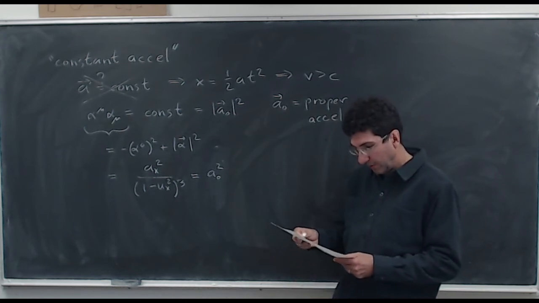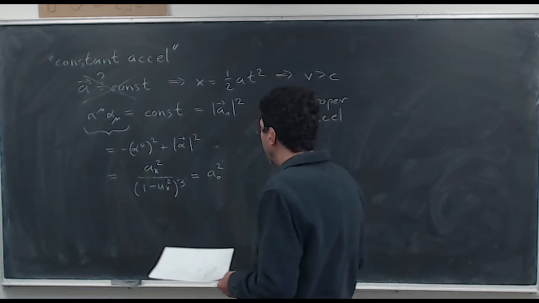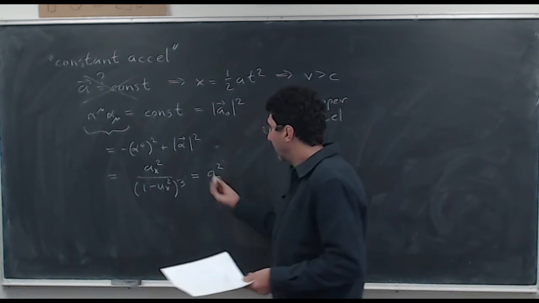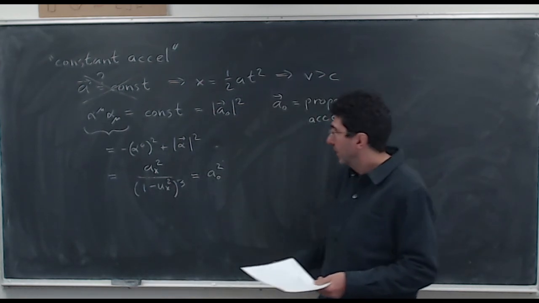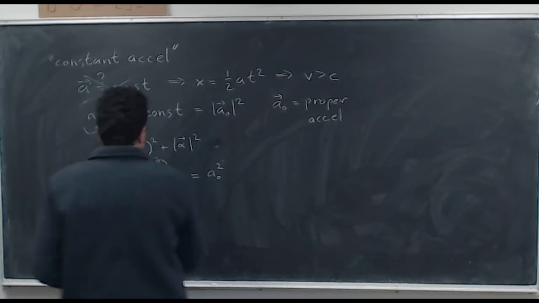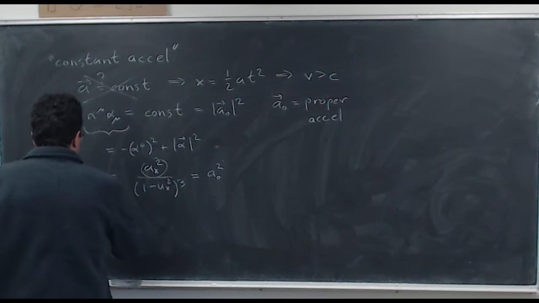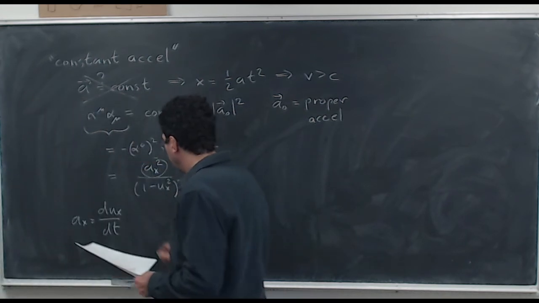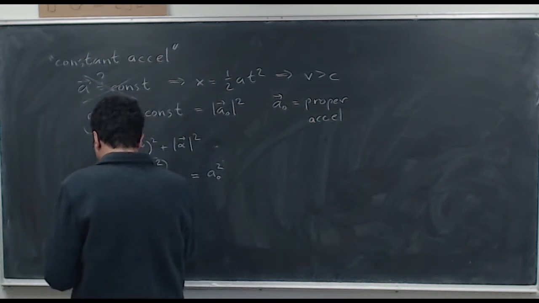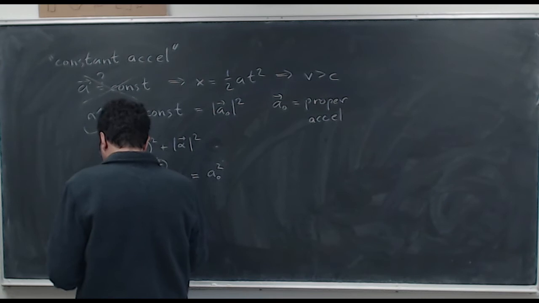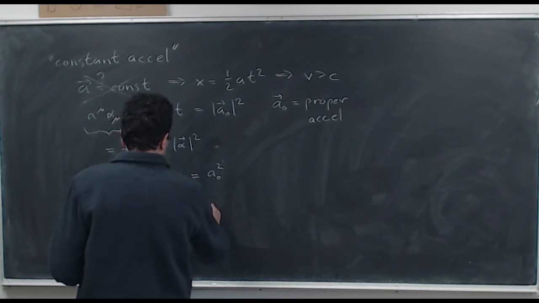To find out what the motion of this particle is, we can just solve for the ordinary acceleration. The ordinary acceleration is dux dt, and that is going to be equal to a0 times (1 minus u sub x squared) to the 3/2.